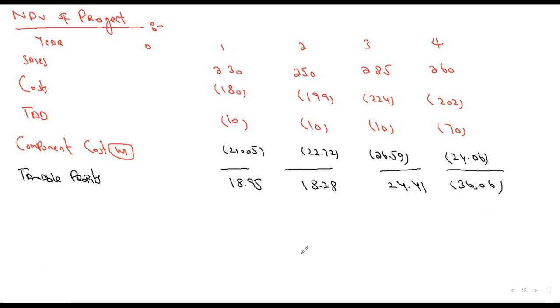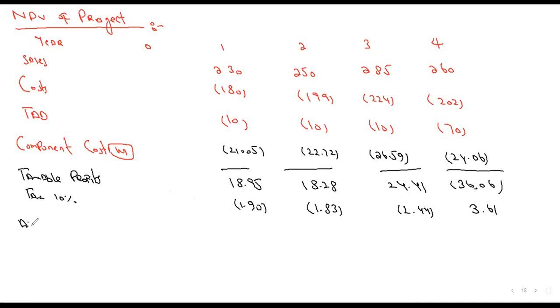Please compute the last figure. Here tax is 10%, so it will be 1.90, 1.83, 2.44, and as the examiner tells, the loss can be claimed as savings, 3.61.